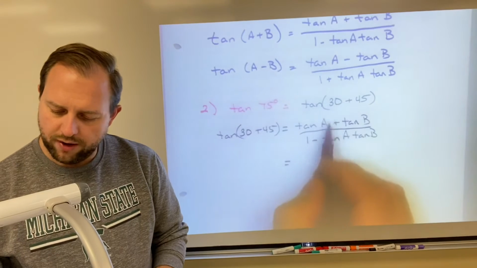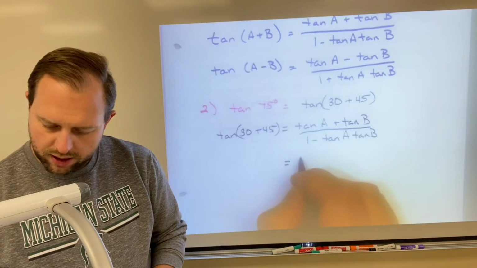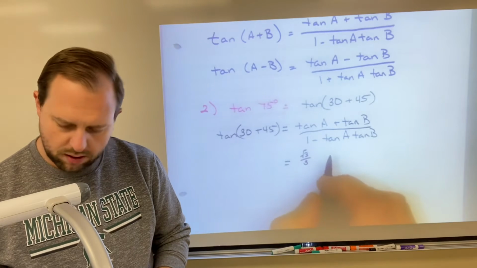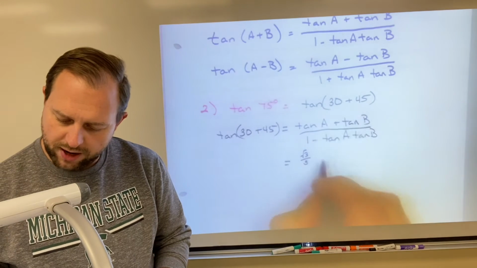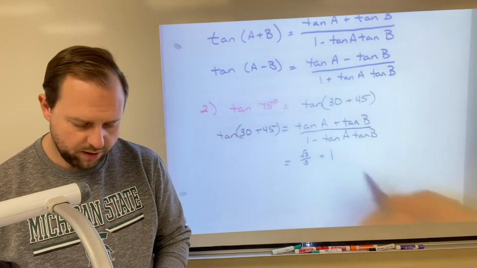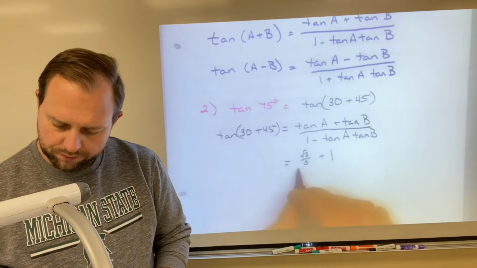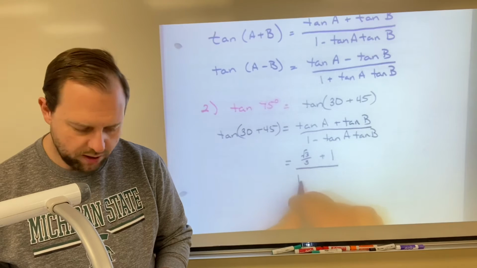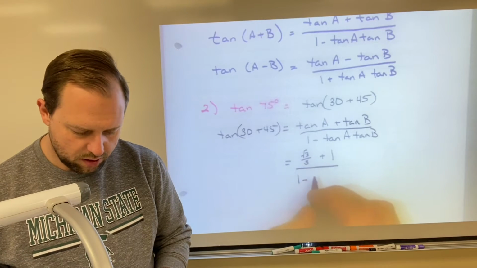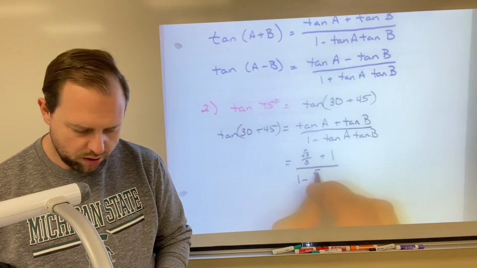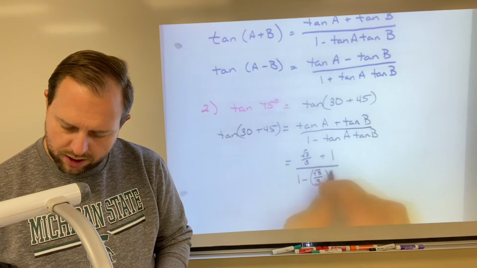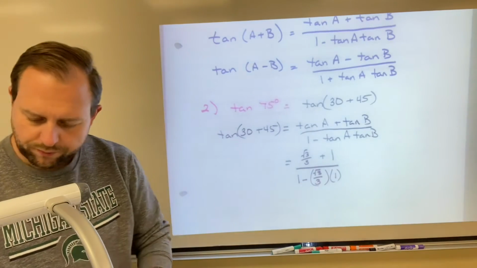Tangent of 30 off the table is root 3 over 3. Tangent of 45 is 1. And our denominator, 1 minus root 3 over 3 times 1.